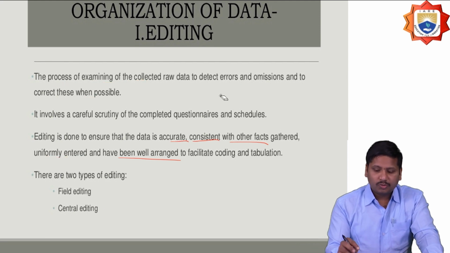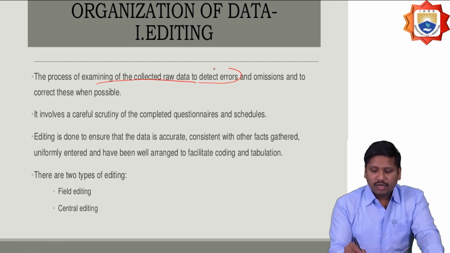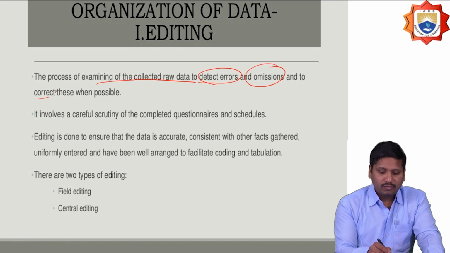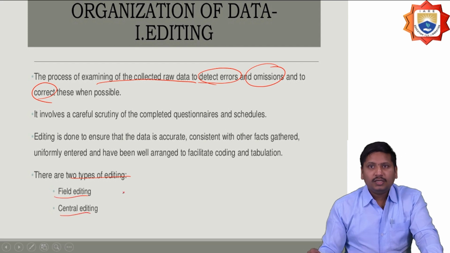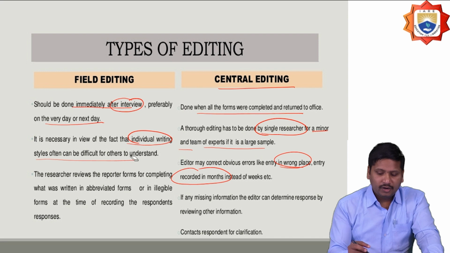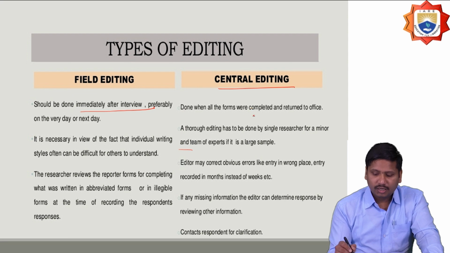So editing means the process of collecting the raw data and detecting the errors and omissions in the data in order to correct them whenever it is possible. And there are two types of editing, like field editing and then central editing. Field editing should be done immediately after the interview, whereas the central editing should be completed in advance and then returned to the office.